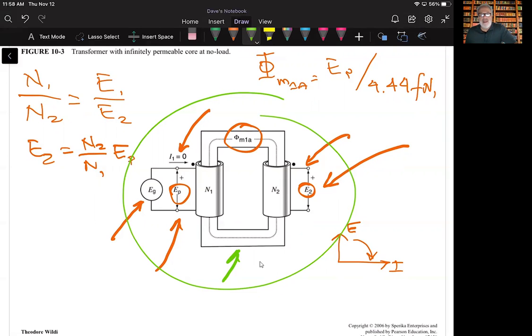So let me end this video. Make sure you understand what the conditions are in an unloaded transformer. And now we're going to go to part 2, where we look at a loaded one. The currents start to flow, and the fluxes start to spread, and this thing is going to get complicated in a hurry.